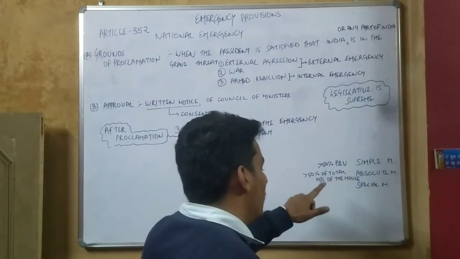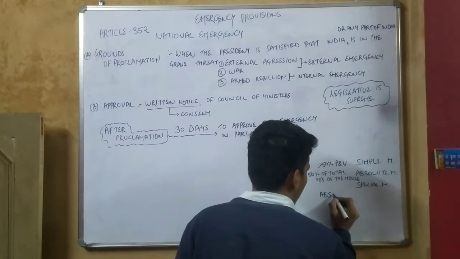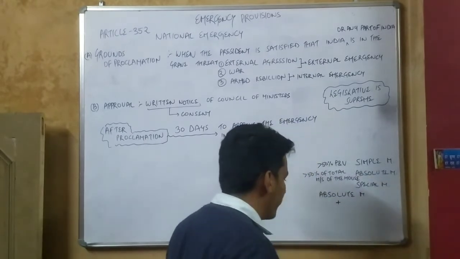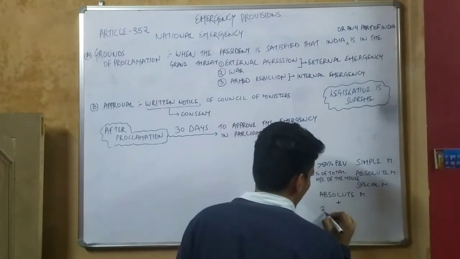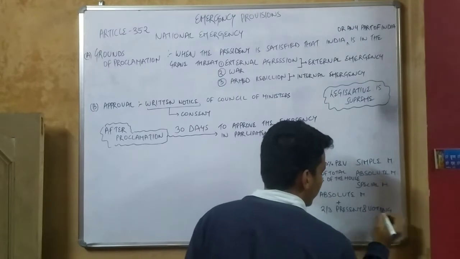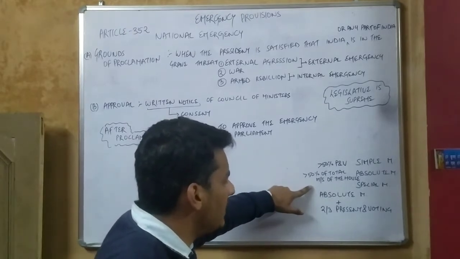Now the special majority says absolute majority plus, as we were talking about, 2/3 present and voting. We have the absolute majority, that is more than 50% of the total membership of each house.